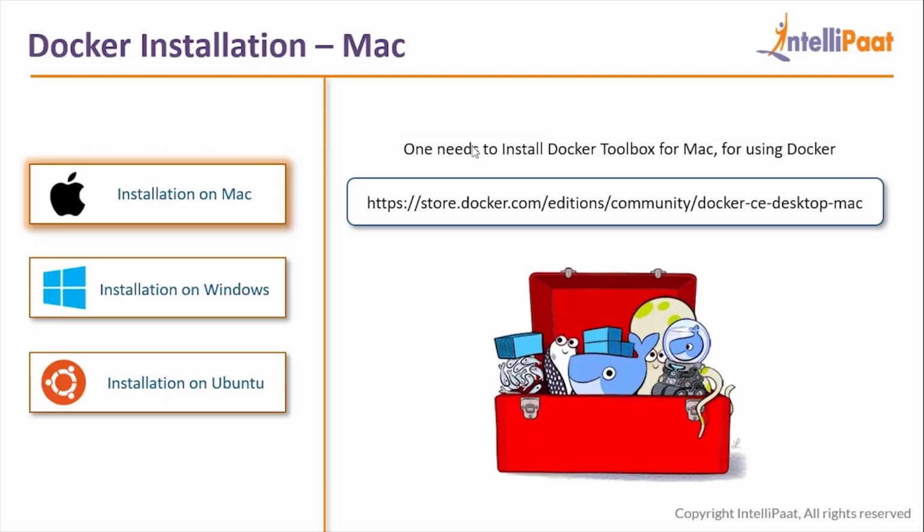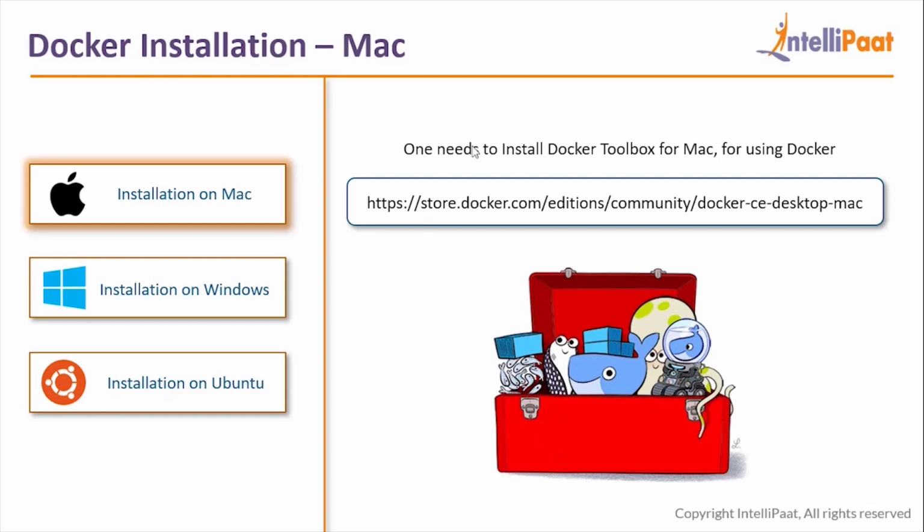Alright, so if you're on Mac, all you have to do is go to this link. This link is basically going to download the Docker toolbox for Mac, and once you have the Docker toolbox, it'll basically install everything. It will install Compose, it will install the Docker software, it will install the other components of Docker, so you don't have to worry about what component is what.